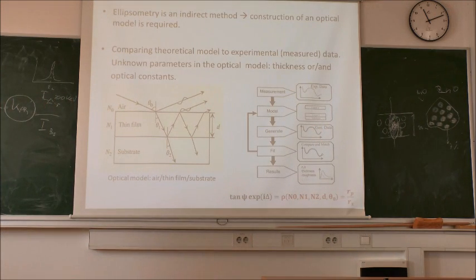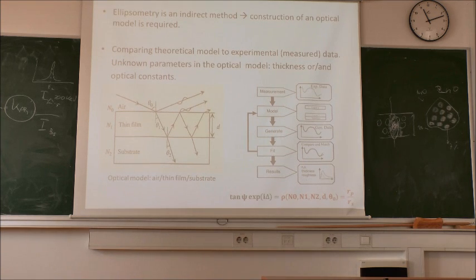So from the ellipsometric measurement, we would like to obtain physical properties of our material, but since the psi and delta values cannot be transformed directly to the thickness or to optical constants, we have to construct an optical model.